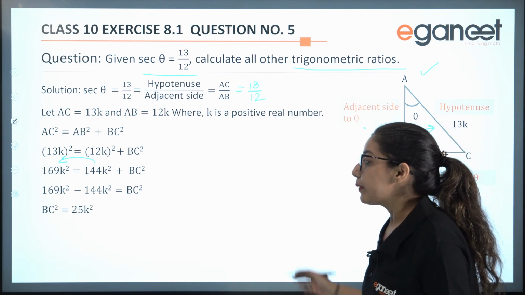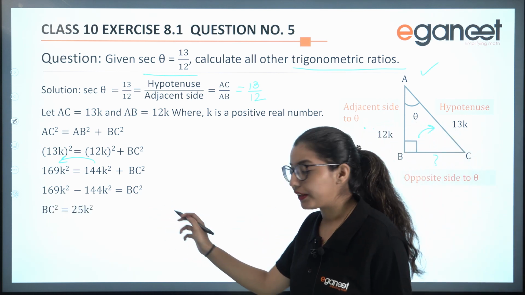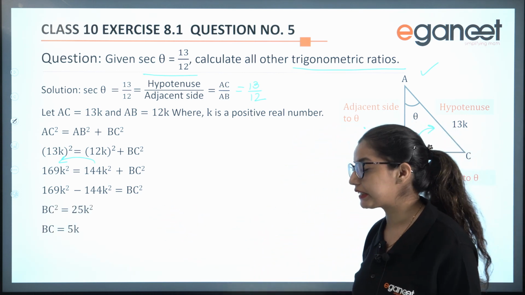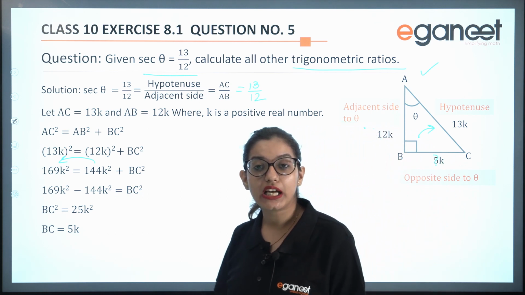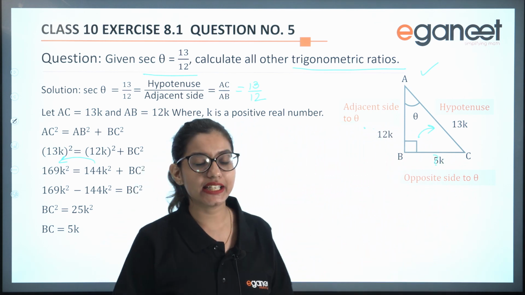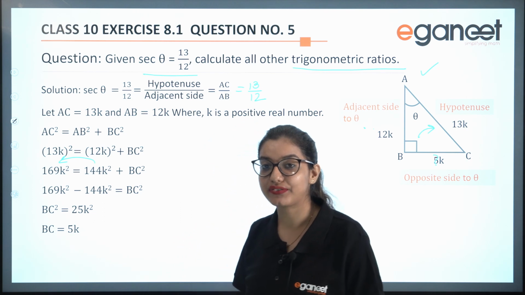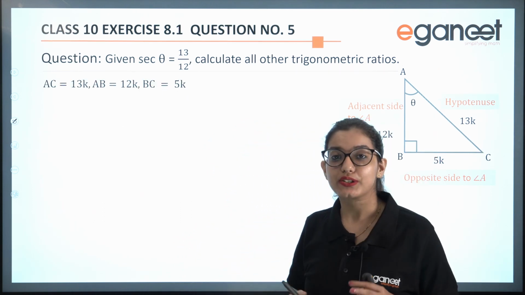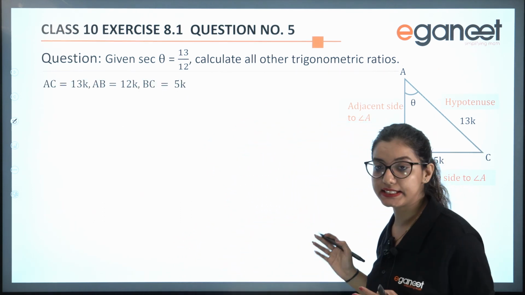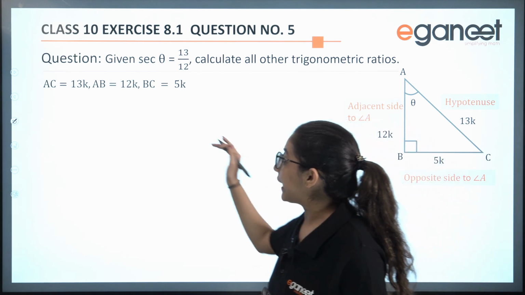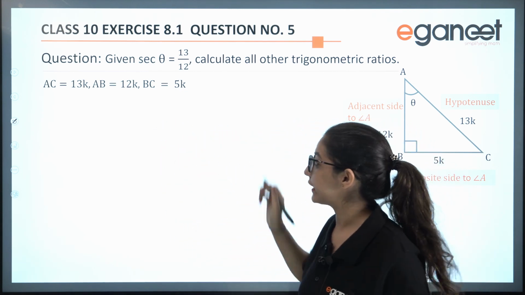So we get BC square as 25K square. So that means BC is 5K. Now that we have the third side here, we can easily find the ratios. Okay, so here we have the three sides, AC as 13K, AB as 12K and BC as 5K.